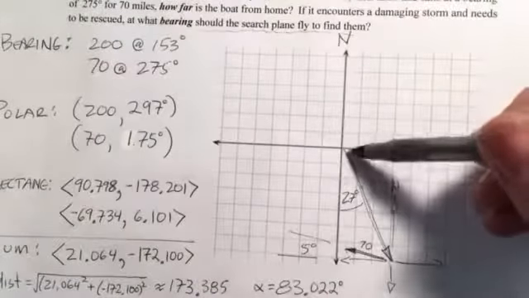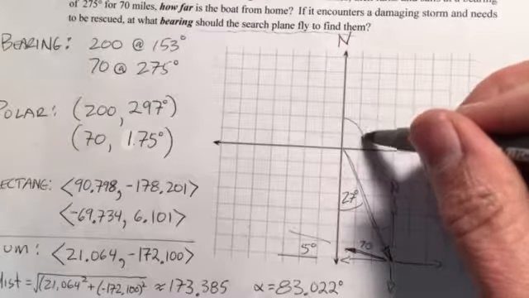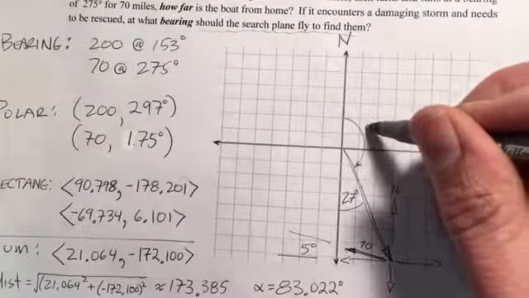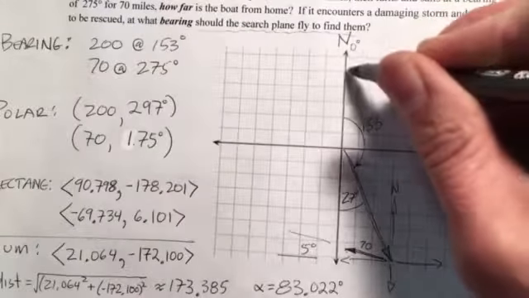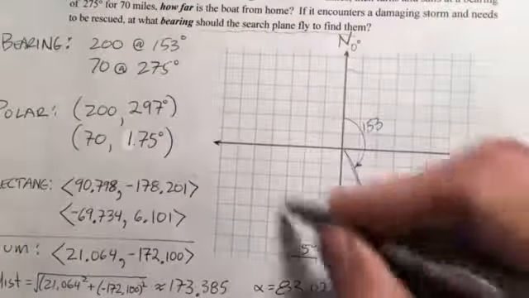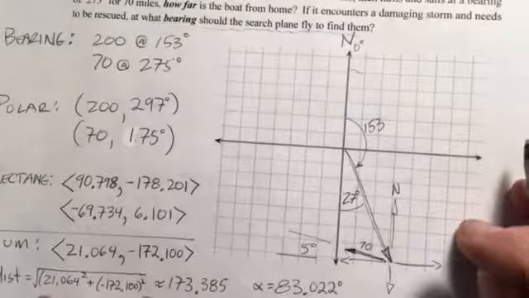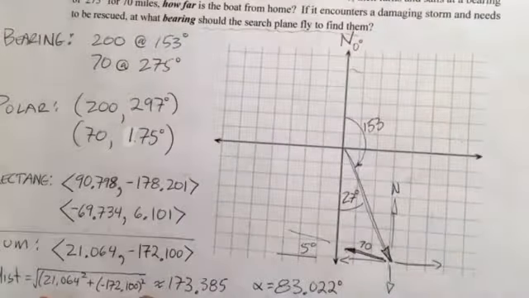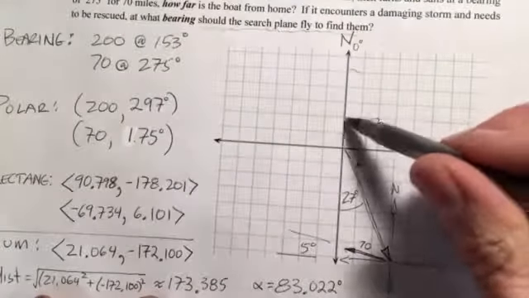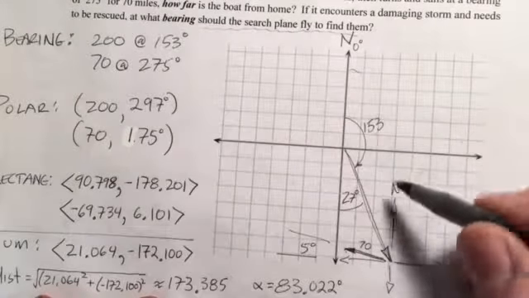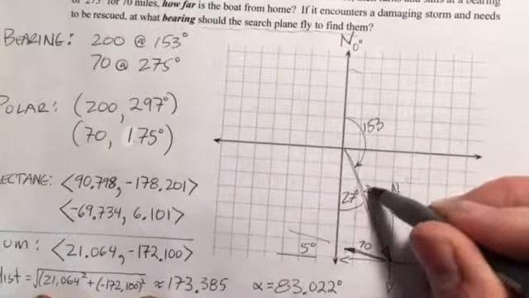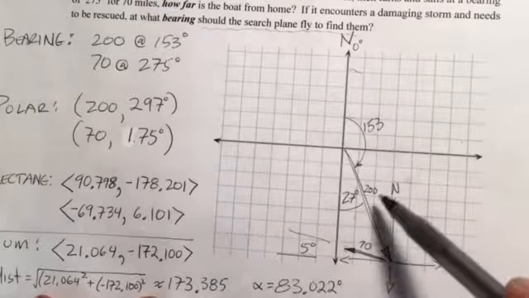So here's the picture. They sail. Here's the bearing of 153 from north. That's how bearing works. You always start at 0 degrees north like the compass, and we go clockwise generally. This is a system that's not made up by mathematicians, but by navigators and boatsmen, airplane pilots, and they go clockwise from the compass bearing north, 0. This is 200, so we want to convert that to polar.